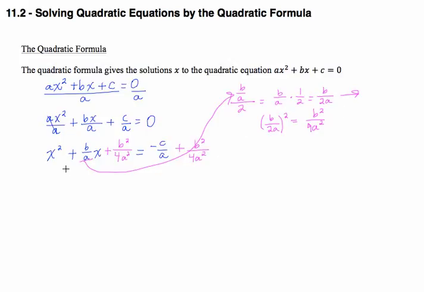And now we can rewrite the left side as a perfect square. Remember, it's x plus this number, which is what you get when you divide the coefficient by 2. So plus b over 2a all squared. And on the right side, in order to simplify that, I'm going to need a common denominator.